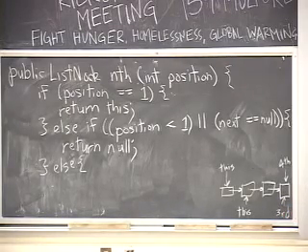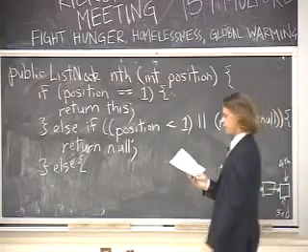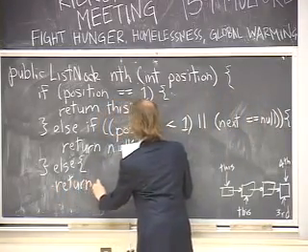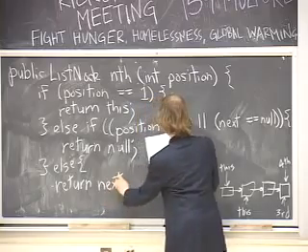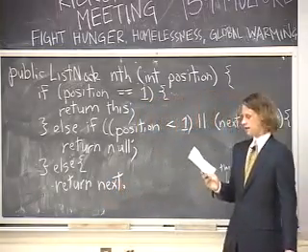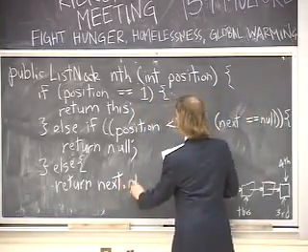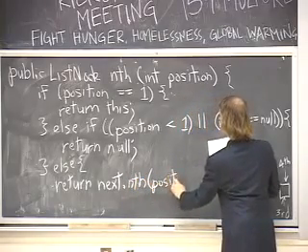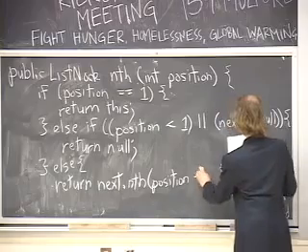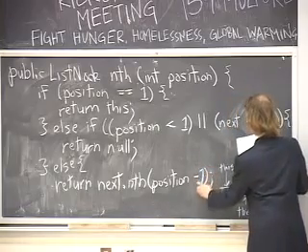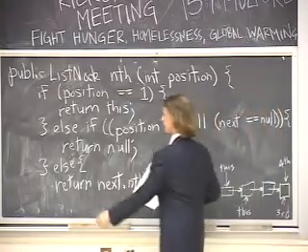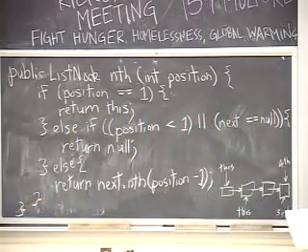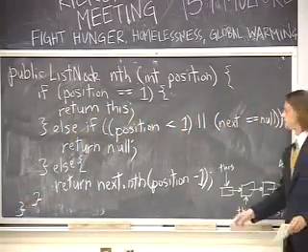So my recursion is going to use that idea: if I jump forward 1 node, in other words, if I jump to the next reference, then I can call nth recursively on that node, and the position is 1 less. So there we go, a recursive method for walking through a list.